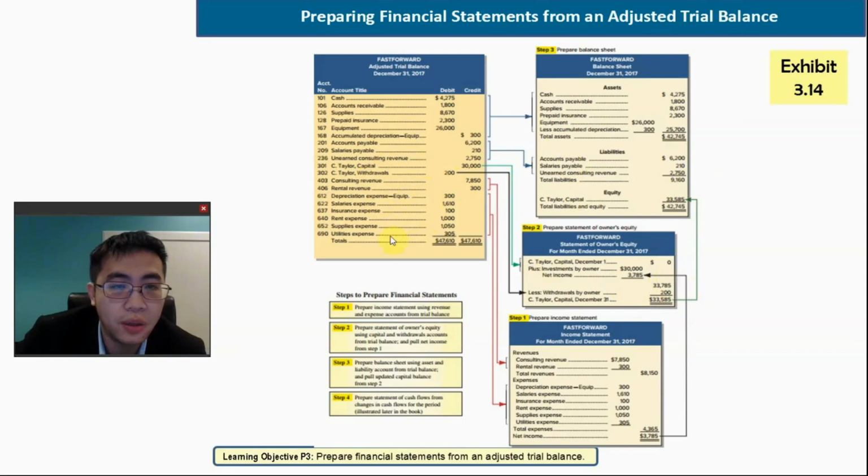And all the revenue accounts will be put as positive numbers because revenues are credits. And the expenses are in the debit part, and they will be put on the income statement as negative numbers. So positive and negative combined together give you net income. So don't worry about having a debit or a credit. You don't have that kind of format in these financial statements.